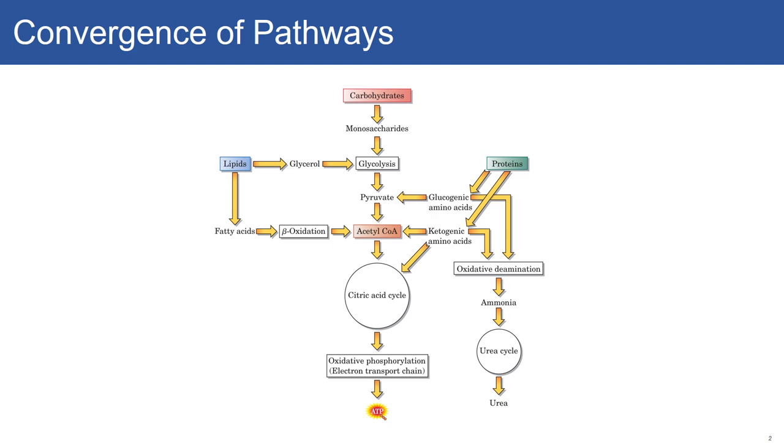It's also known as the Krebs cycle or the tricarboxylic acid cycle. And then we go into oxidative phosphorylation, also called the electron transport chain. So we will get into all the details on this topic.